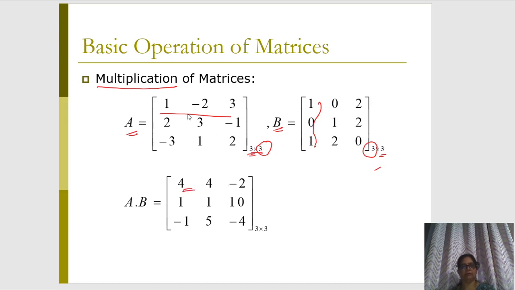In this way, first row second column for this value, first row third column for this value. After that we consider the second row with all three columns, then the third row and three columns. In this way we get the A into B matrix.